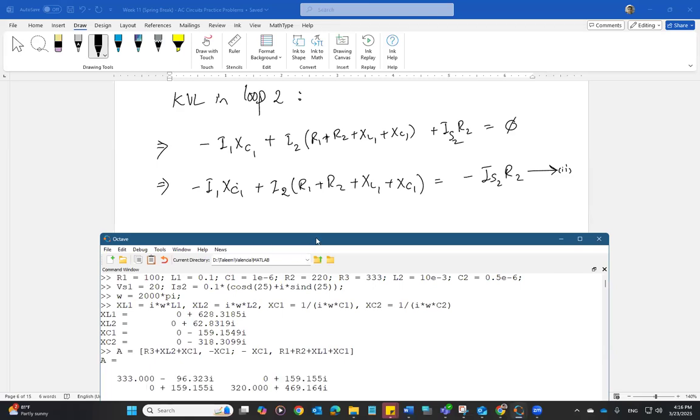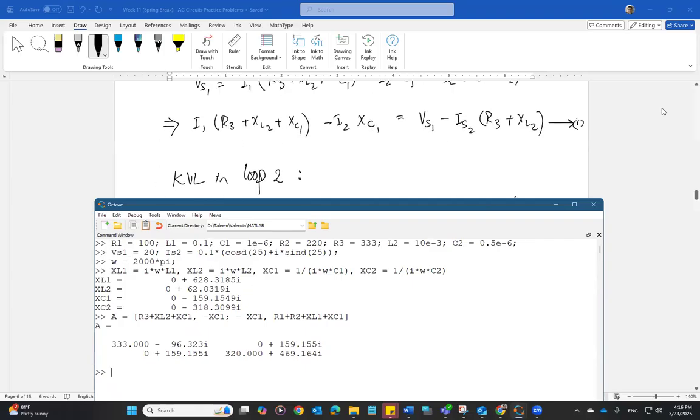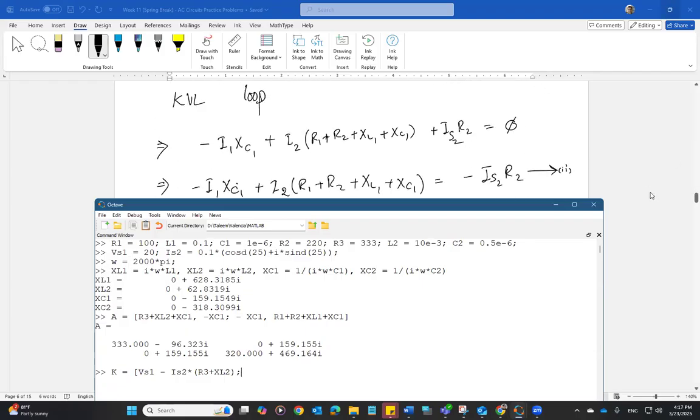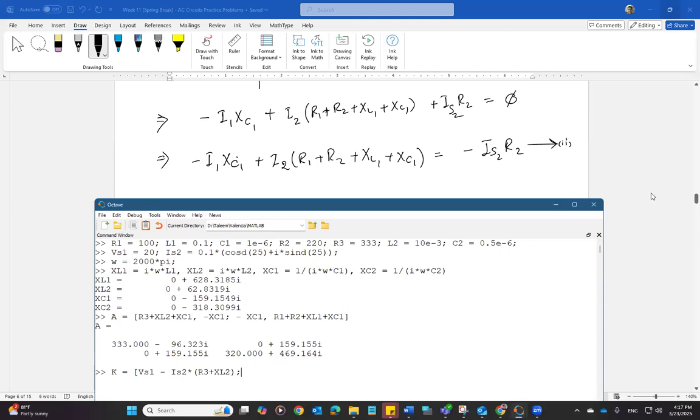Now my vector on the right-hand side, the constant vector, let's call this K. The first row from the first equation is VS1 minus IS2 times (R3 plus XL2). And my second row is negative IS2 times R2.